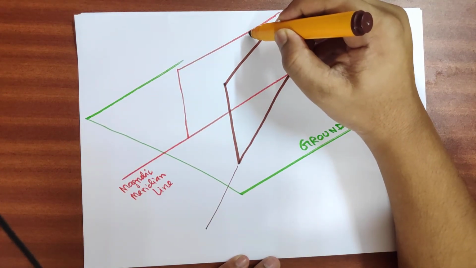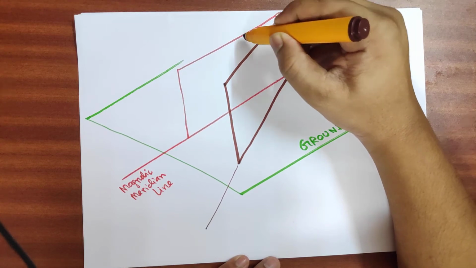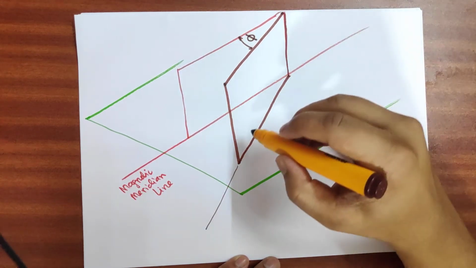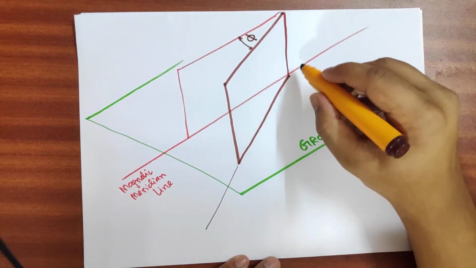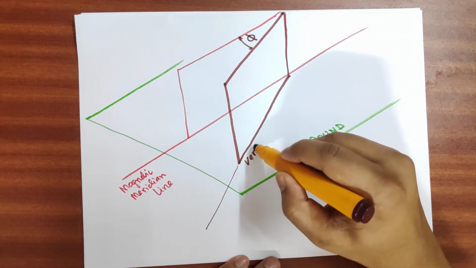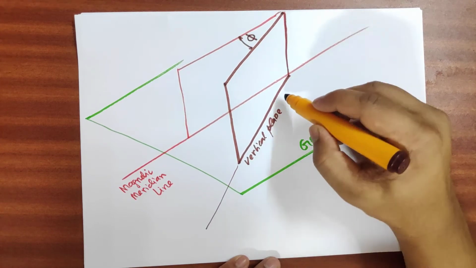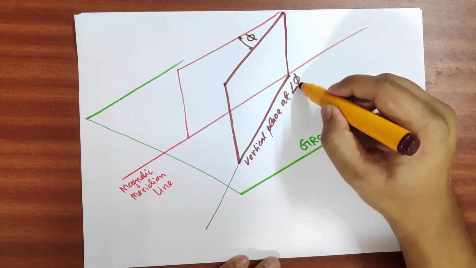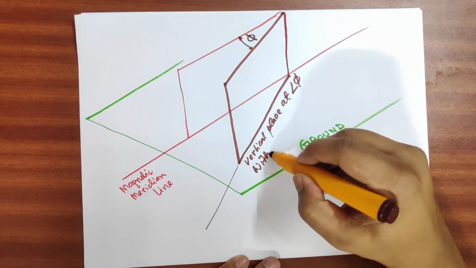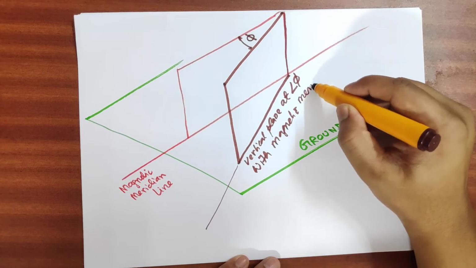So suppose this angle is phi. This brown one is a vertical plane at angle phi with the magnetic meridian plane.